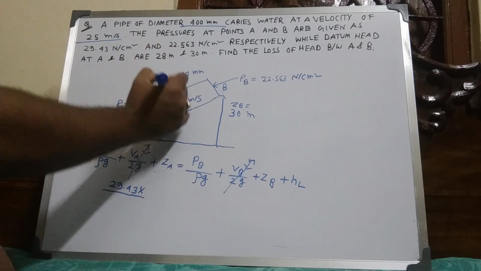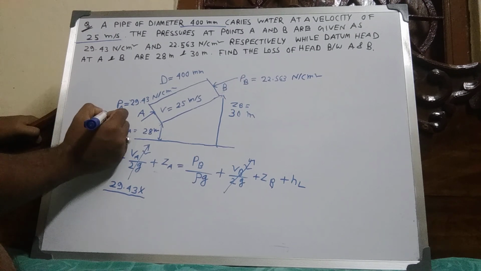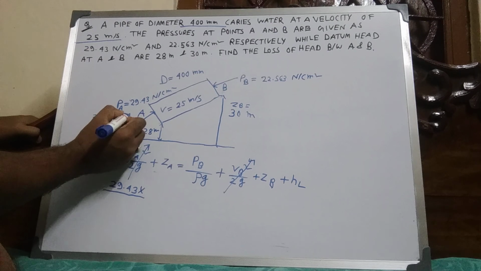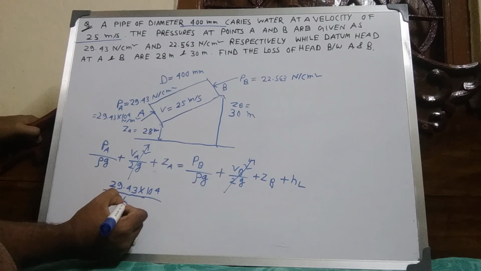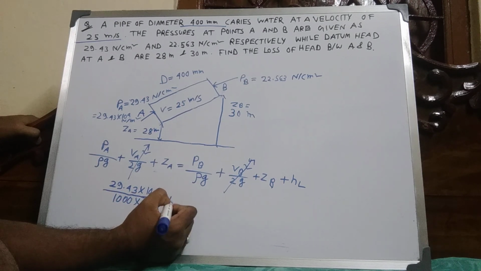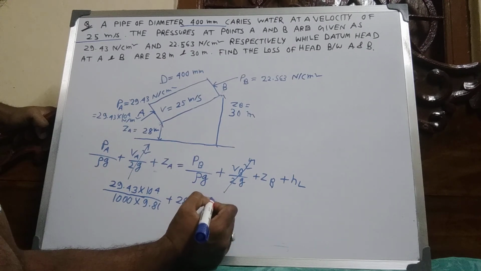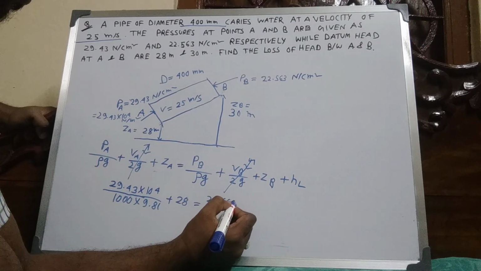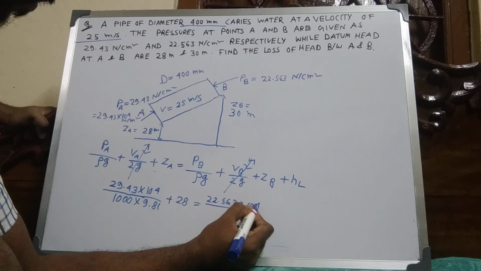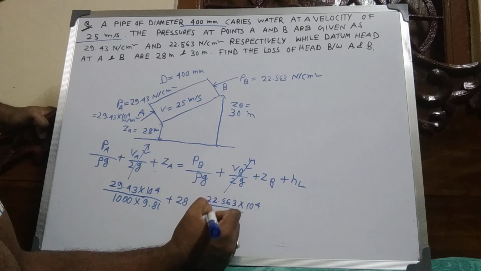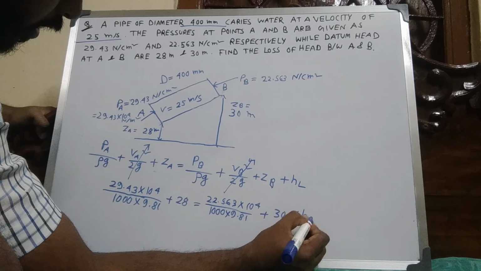This is Newton per centimeter square, so convert to Newton per meter square: 29.43 into 10 to the power 4 Newton per meter square, divided by 1000 into 9.81, plus ZA 28, equal to 2.536 into 10 to the power 4 divided by 1000 into 9.81, plus ZB 30, plus HL.